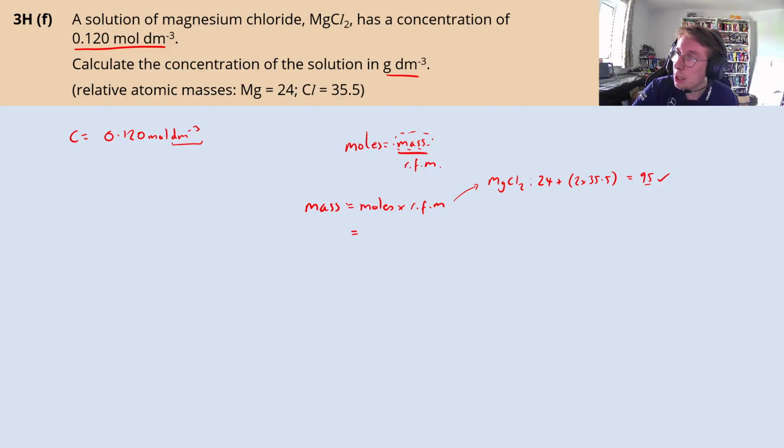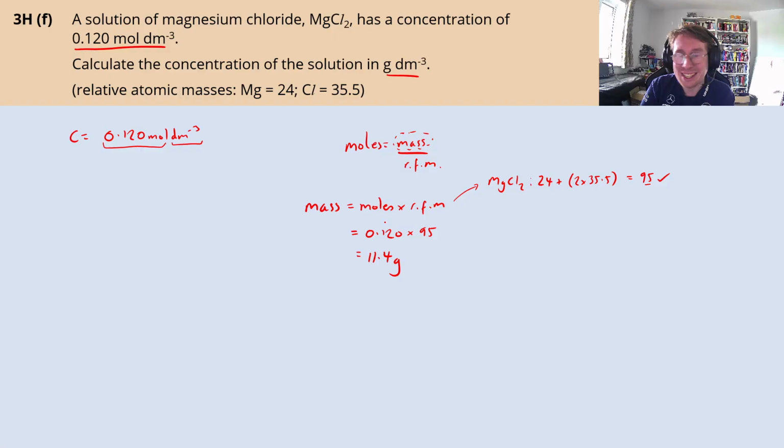So if we take the mass, well, that's what we're trying to find, the moles, so that is 0.120 moles, and we times that by 95, what you get as an answer is 11.4 grams.